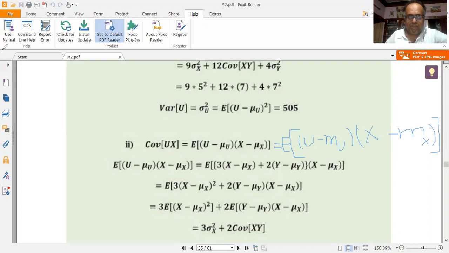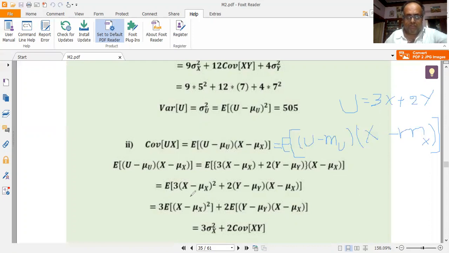Okay. Now substitute u is equal to 3x plus 2y. So due to this, further substitution yields me expected value of 3 into x minus mu x plus 2 into y minus mu y, into x minus mu x after simplification.